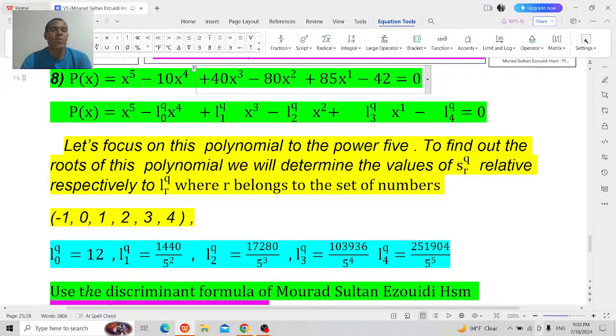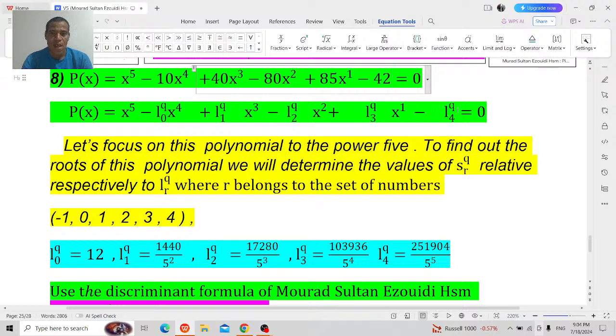So our 5th degree polynomial equation can be written as P of x equal x raised to the power 5 minus L0 of odq x4 plus L1 of odq x3 minus L2 of odq x squared plus L3 of odq x minus L4.